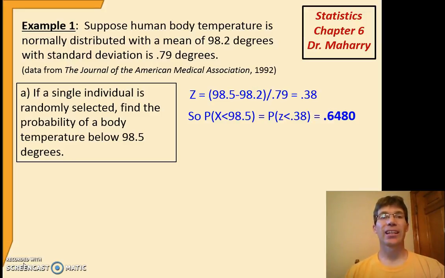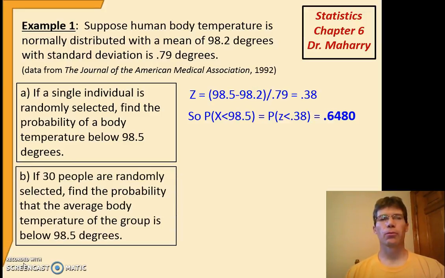Here I selected one person. Now if I change this and take a group of people, suppose I randomly pick 30 people from this population and calculate their average temperature. I ask everybody in my sample what their body temperature is, and I average those. What's the probability that the average of the group is below 98.5?